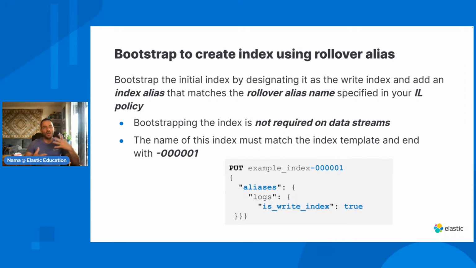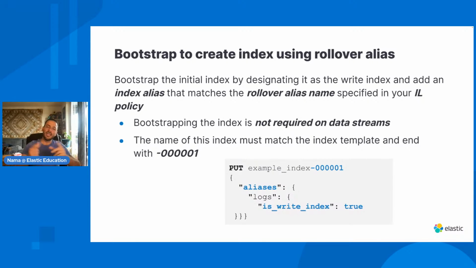So in order for this all to start and for us to be able to start sending data to this, we need this first bootstrap process. It's a put command with the first index, whatever name we gave it, and then this 00001 numbering system at the very end. Then we're adding the alias that this is supposed to communicate with, and we specify that this is the one that we are going to be indexing to.